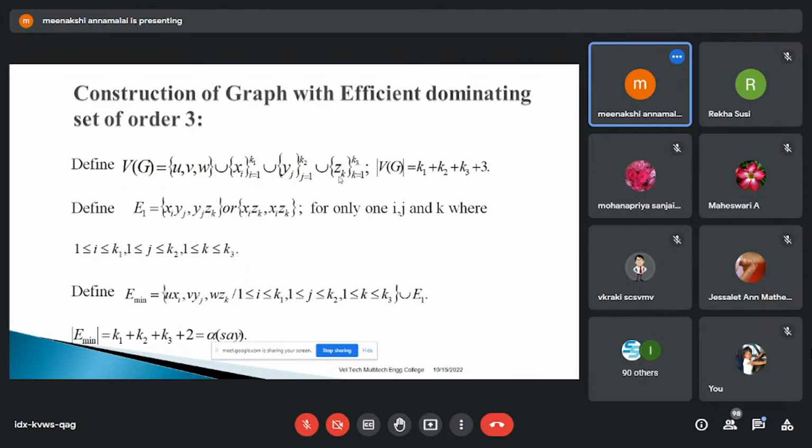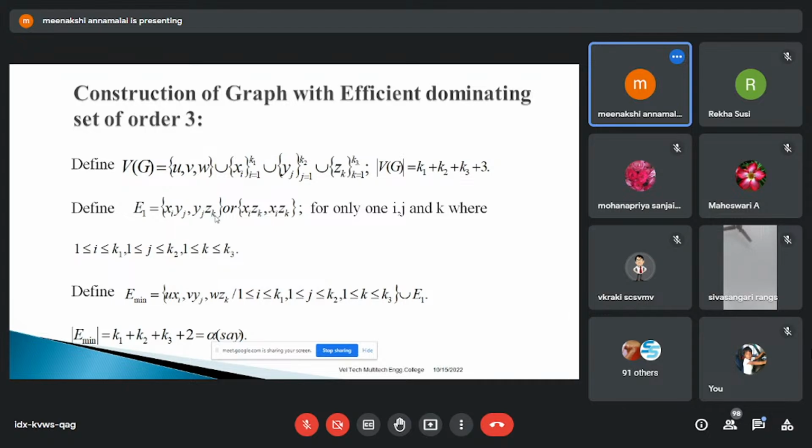So for this network, what edges are needed? It should not be disconnected. So for that, xi yj zk, or another option is xi zk and yj zk. I'm sorry, here xi zk and yj zk.